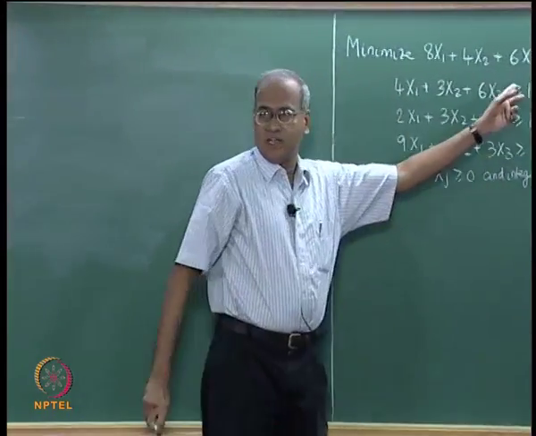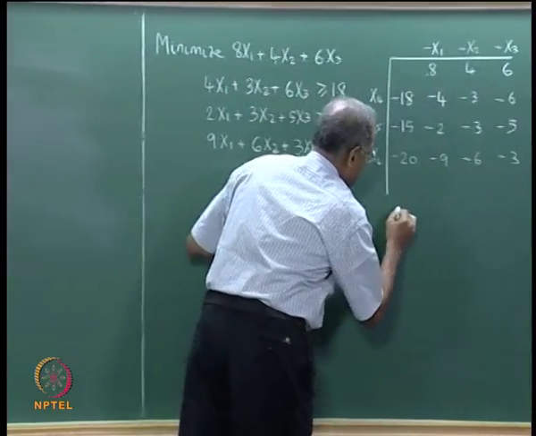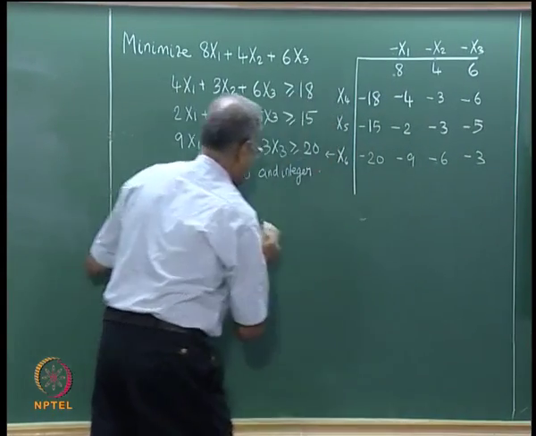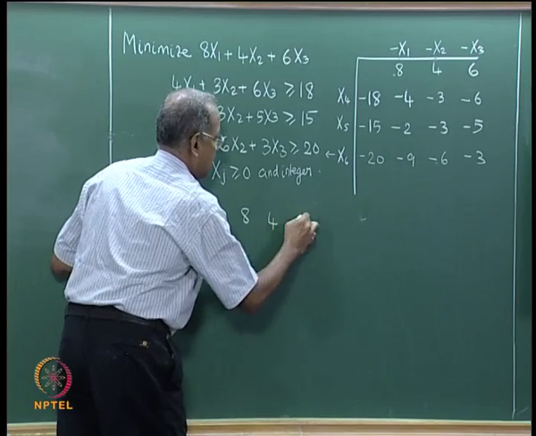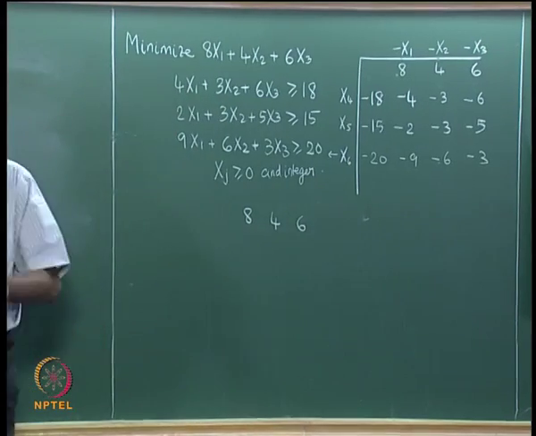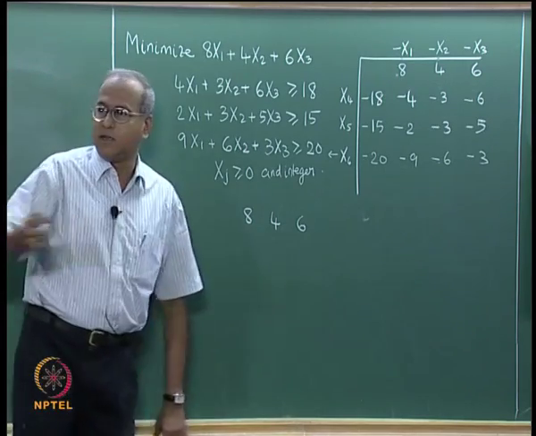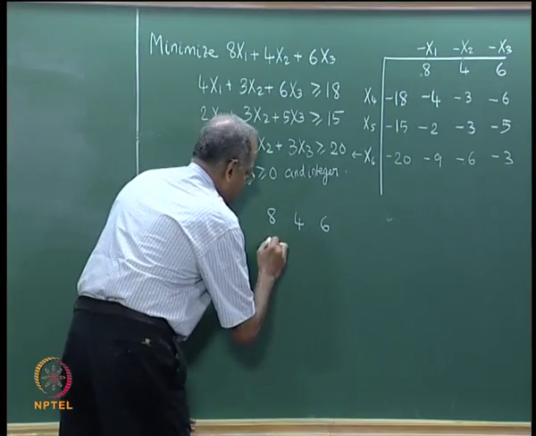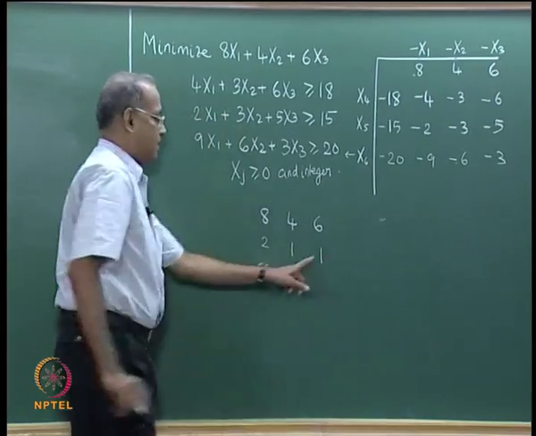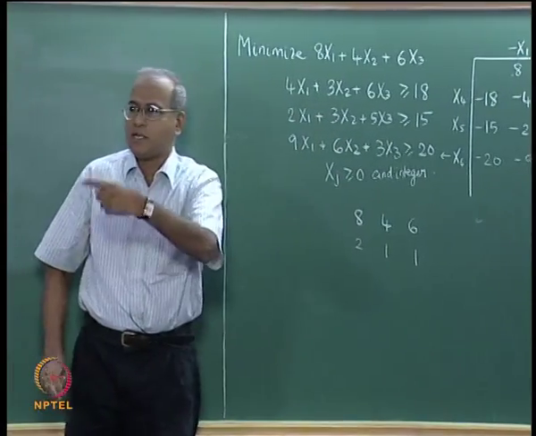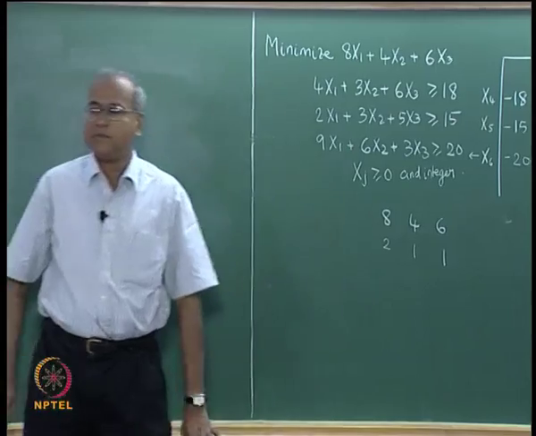So take the 3 values 8, 4 and 6. Let me write it here. The smallest among them is 4, so divide by 4 and take the lower integer value. So you get 2, 1 and 1; 1 comes because 6 by 4 has a lower integer value of 1.